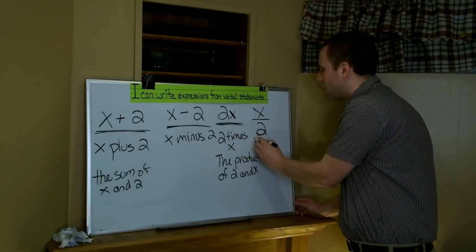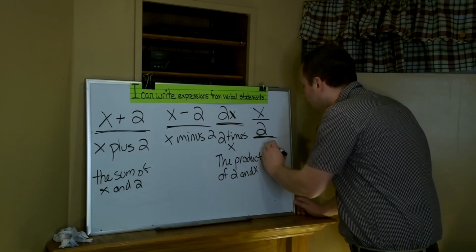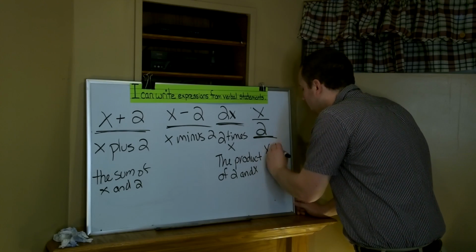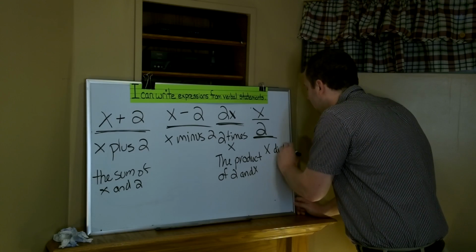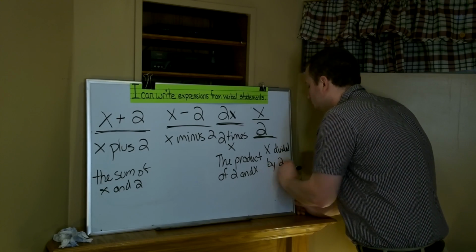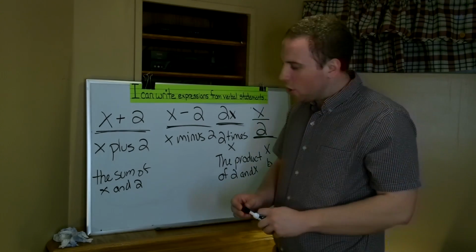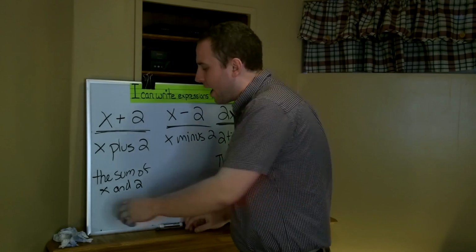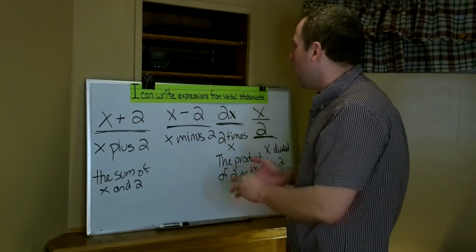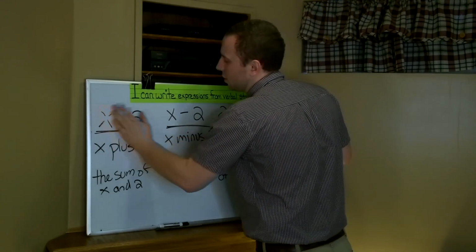And our last one here, we can do as x divided by 2. Very good. So in looking at this, we're once again looking at translating algebraic expressions.